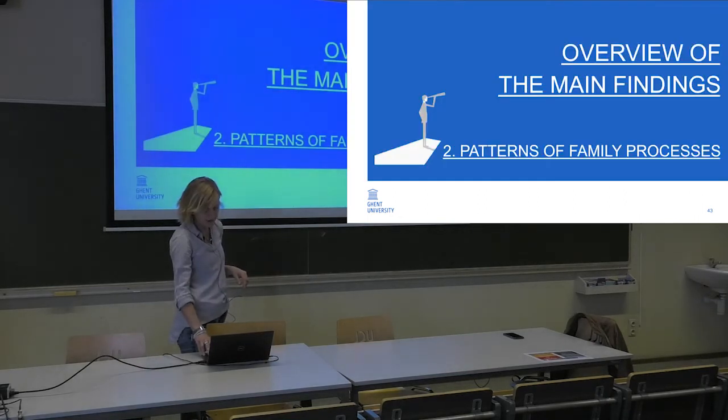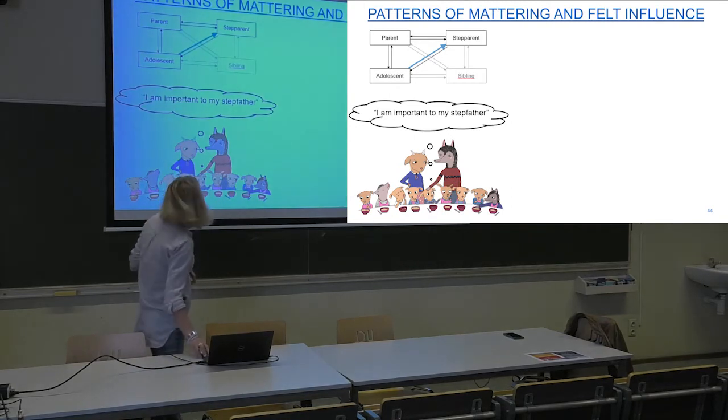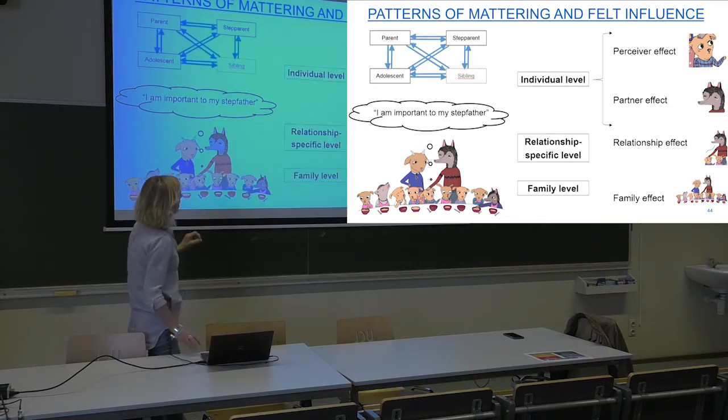And then the SRM study. I am important to my stepfather, for instance. So what we get here, this you already know. The adolescent is answering about his parent, the step-parent, and the sibling. And then everyone about the step-parent, and then you have these relationships and everything like that.